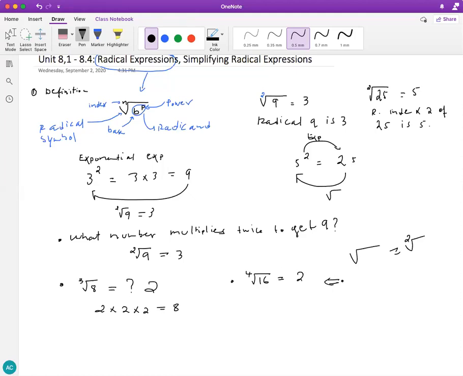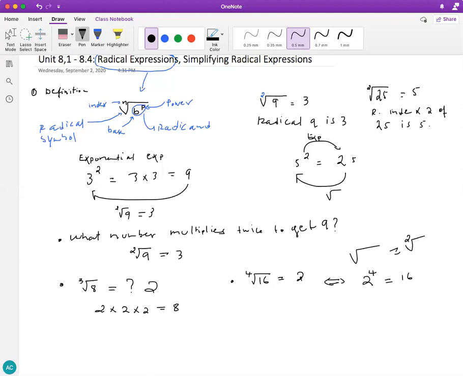We can easily transform this into exponential form. What you do is take the number here and raise it to this index. That will be equal to this number here, 16. So if you expand this, you must get this. If you don't get the same value on both sides, that means your answer is incorrect.